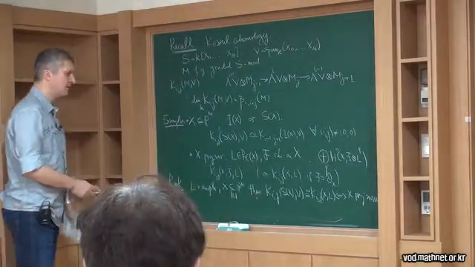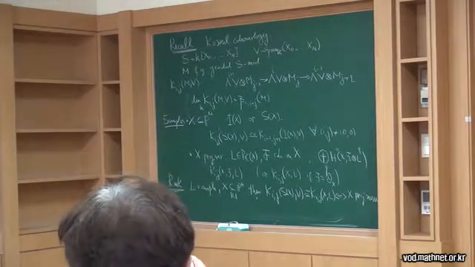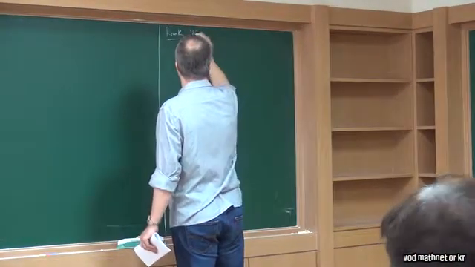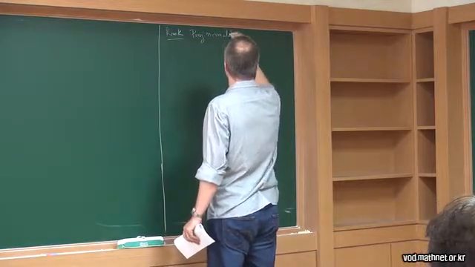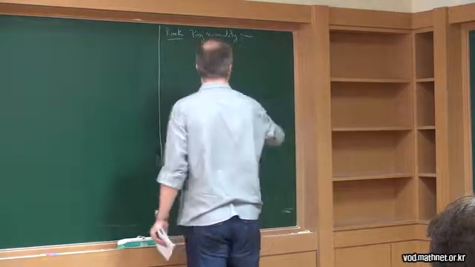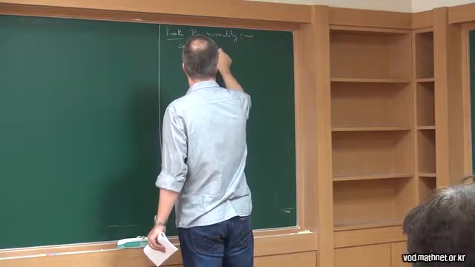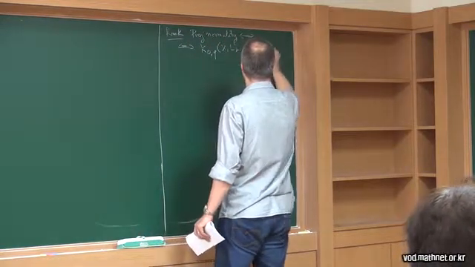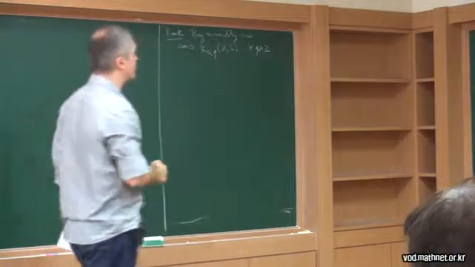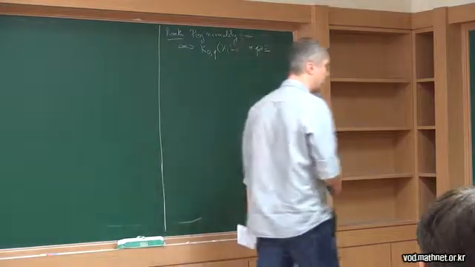Remark: projective normality is equivalent to that fact, but also to the vanishing of K_{0,q}(X, L) for all q bigger than or equal to 2. So we can read projective normality from Koszul cohomology.